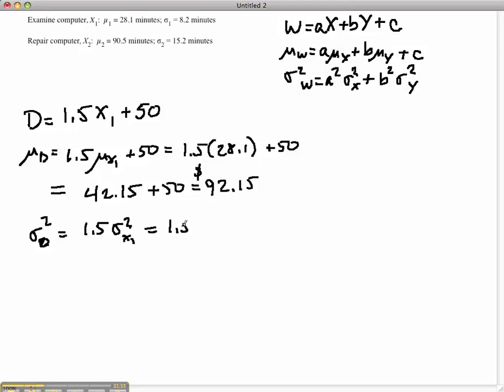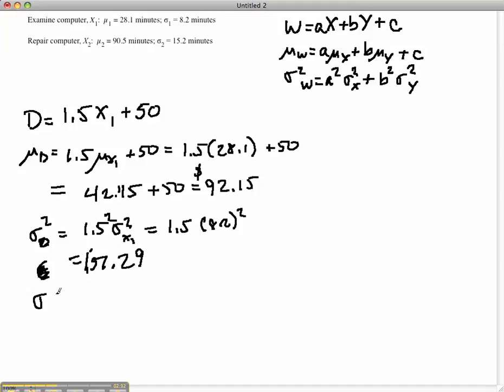So that's going to be 1.5 squared times sigma squared of x1, so times 8.2 squared. Do the numbers real quick on the calculator: 8.2 squared times 1.5 squared is equal to 151.29.